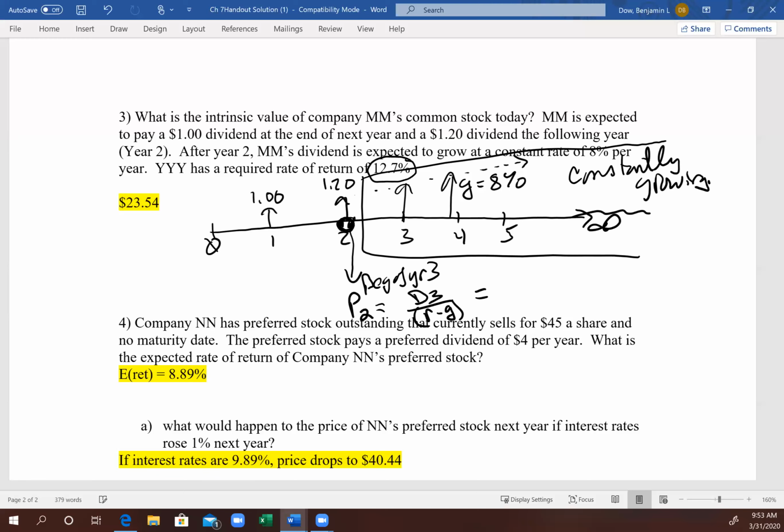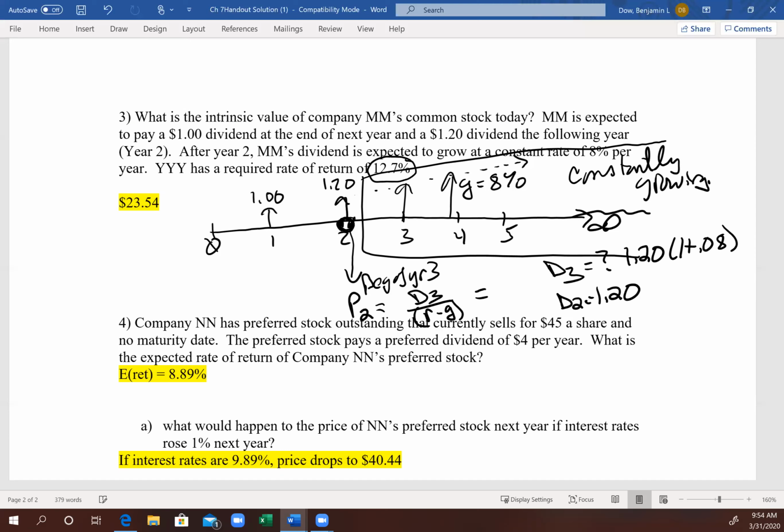So in this case, how do we find D3? D3 is unknown, but we know D2 is equal to $1.20, and D3, if everything's growing at 8%, will be 8% higher. Okay.